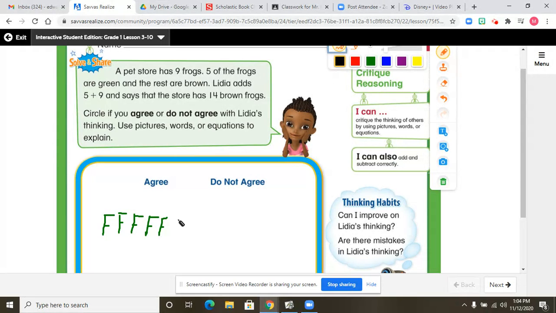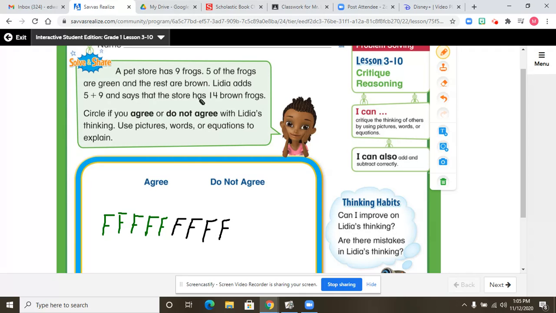Now it doesn't say how many, but we have 5 so far, and we know there's 9 total. So this would be 5, and let's count on until we get to 9. There's 5, this would be 6, 7, 8, and 9.